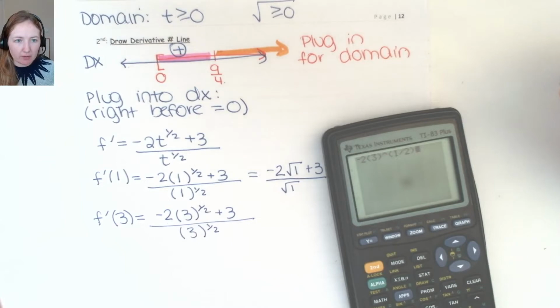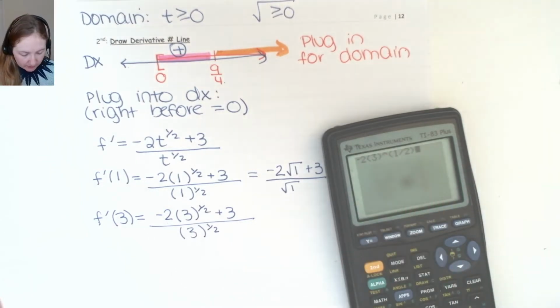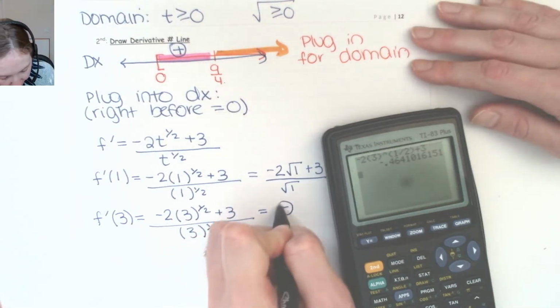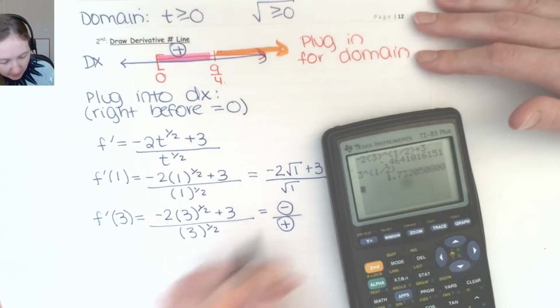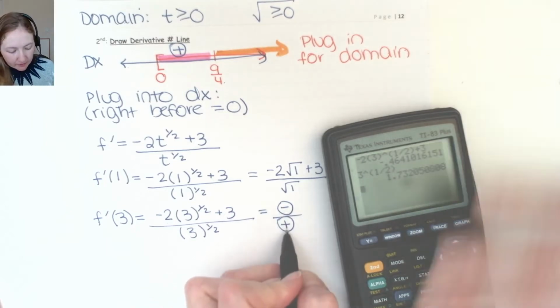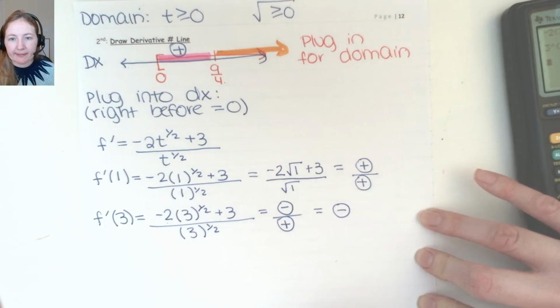So it's not just caret 1 over 2. You do need parentheses to group that exponent together. And then plus 3, it gives you a negative. In the denominator, 3 caret 1 divided by 2 gives you a positive. So a negative divided by a positive, that mix of signs will give us a negative.